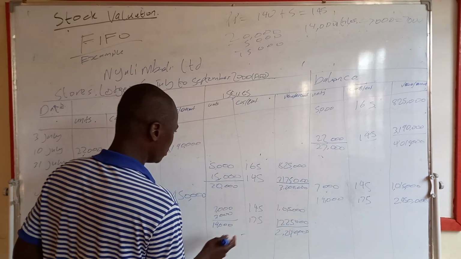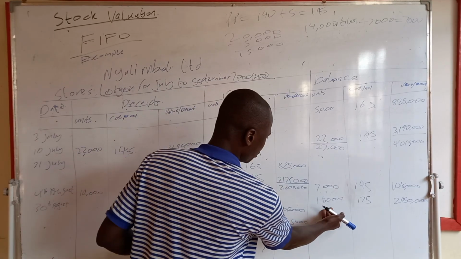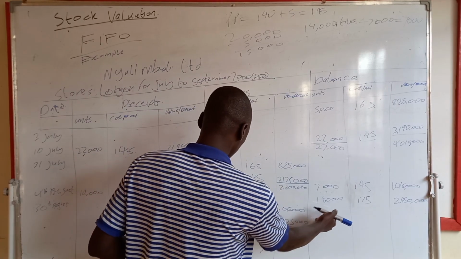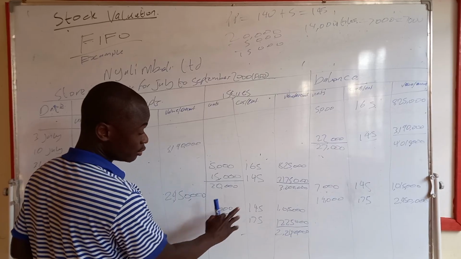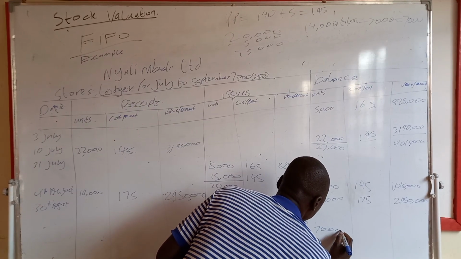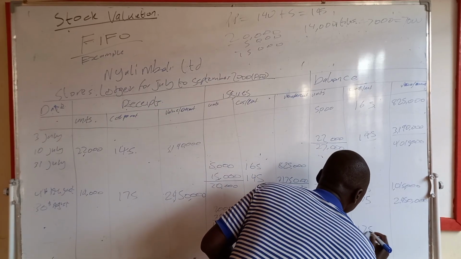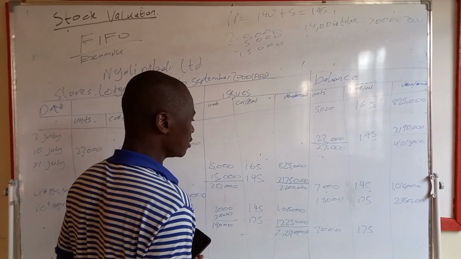this one and part of this one was issued. At this point, in this batch, we only issued 7,000. So we are still remaining with 7,000 of that batch. The price remains, that amount, that's the cost.